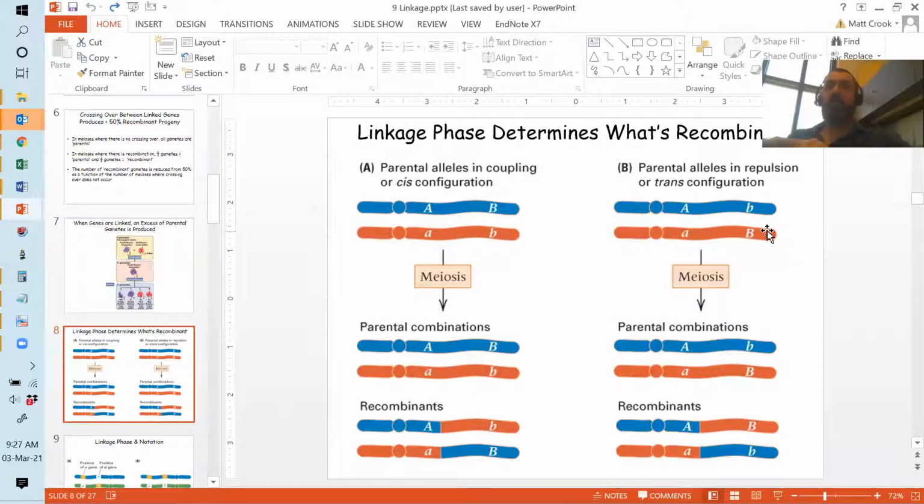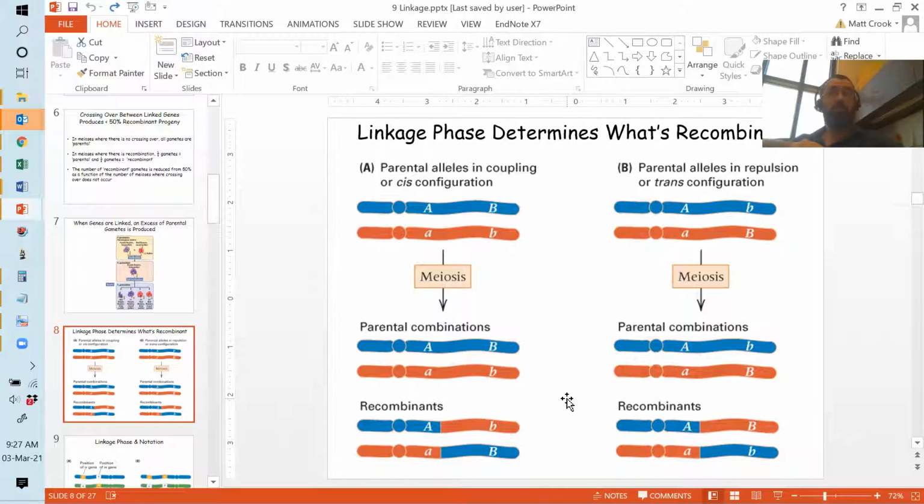So now, when you look at the offspring, the recombinants will be dominant, dominant and recessive, recessive. So don't be tricked by that. We're not trying to trick you, but you have to not assume anything in regards to configuration.